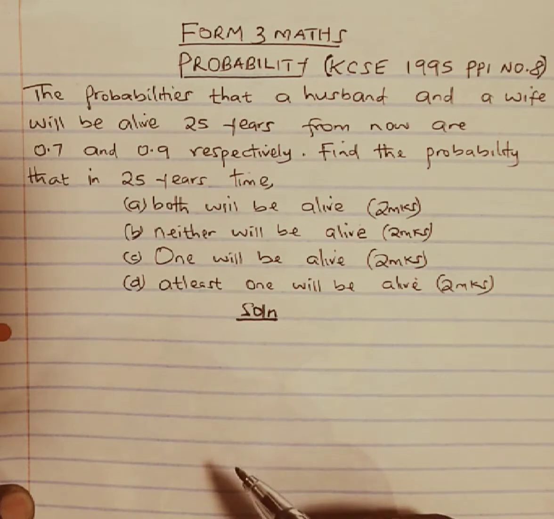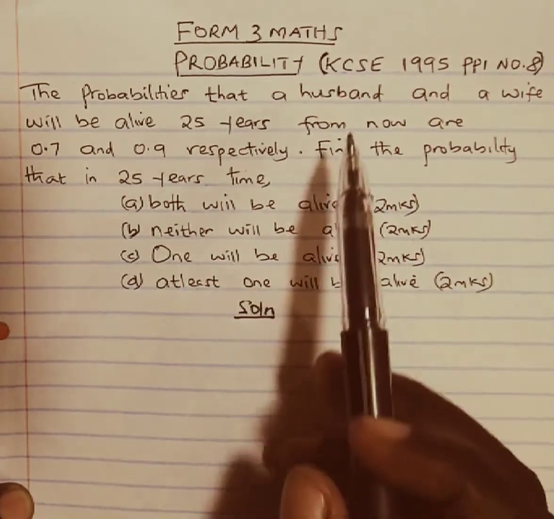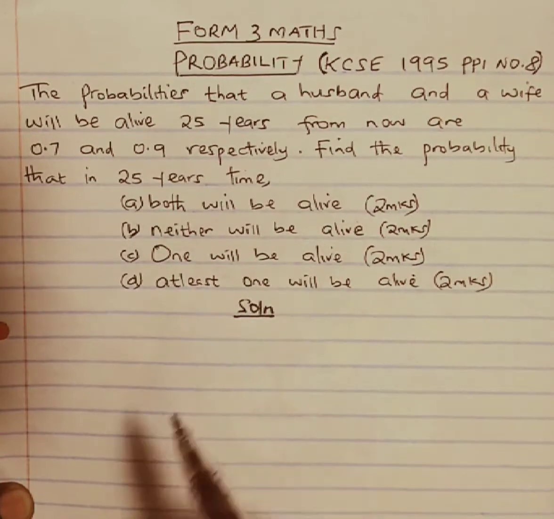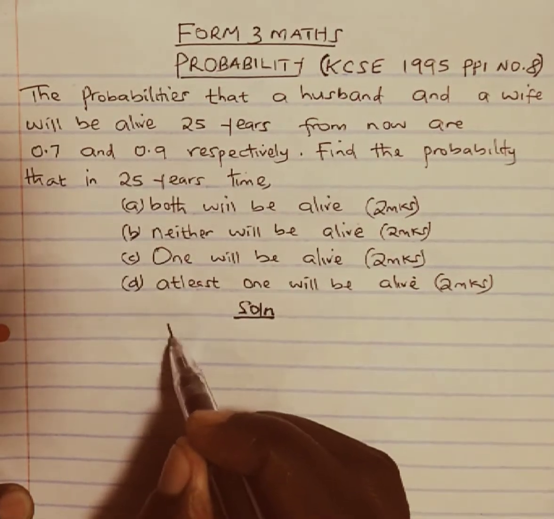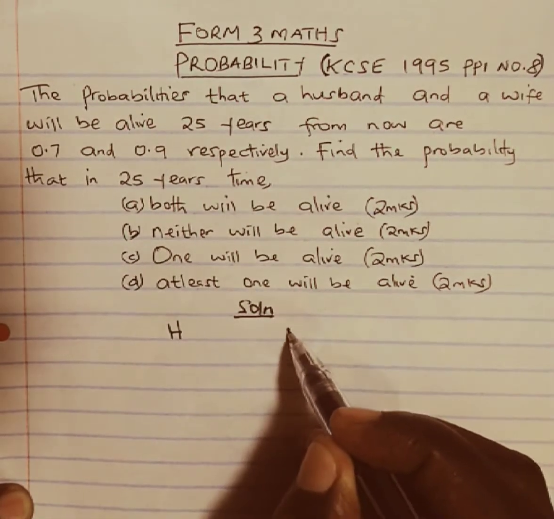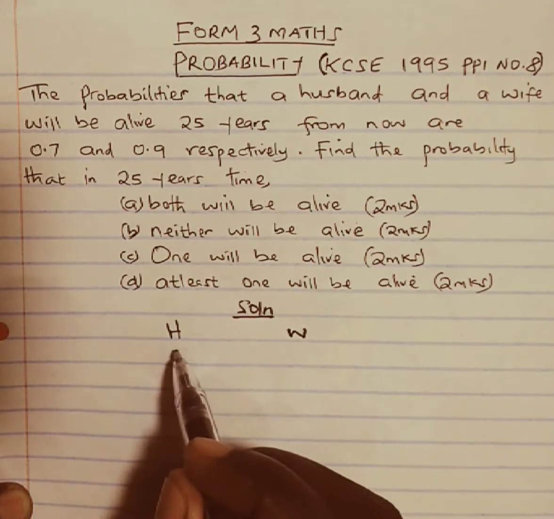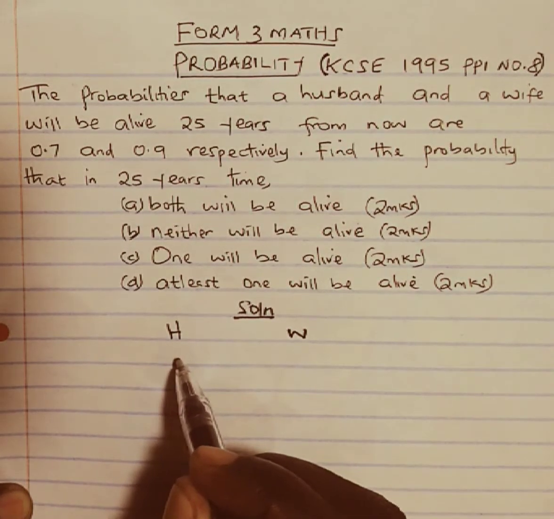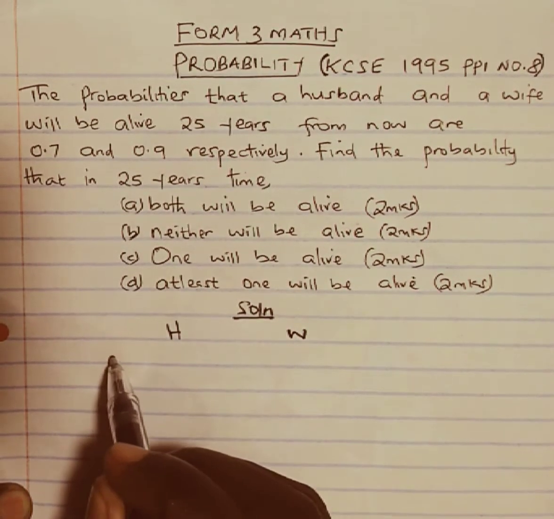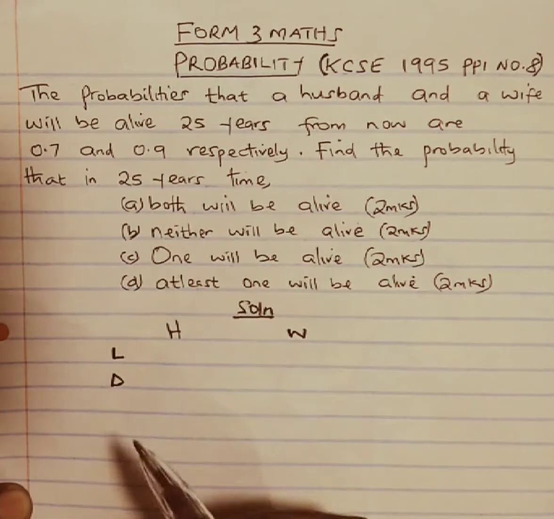So if you go through the question, we have the husband and the wife. We have the husband. We also have the wife. The probability of the husband living, we have living, we also have dying.